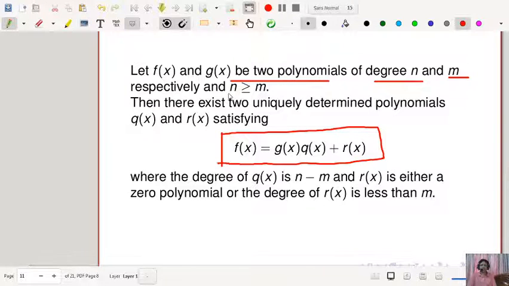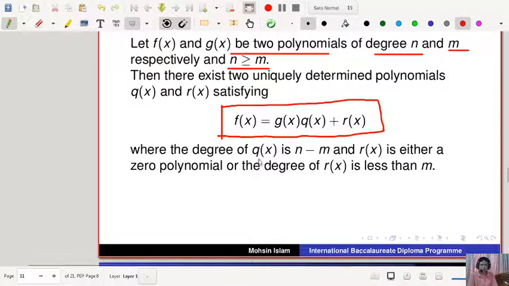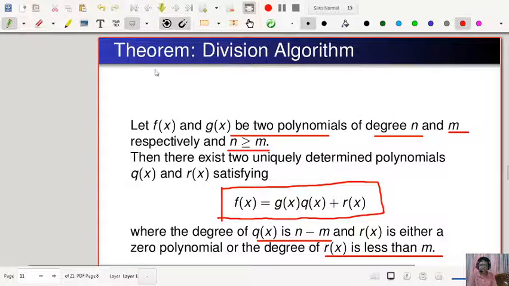Obviously the degree of the divisor should be less than or equal to the dividend, so n is greater than or equal to m. Then the quotient will be of degree n minus m and the degree of the remainder should be less than m. So this is the division algorithm.